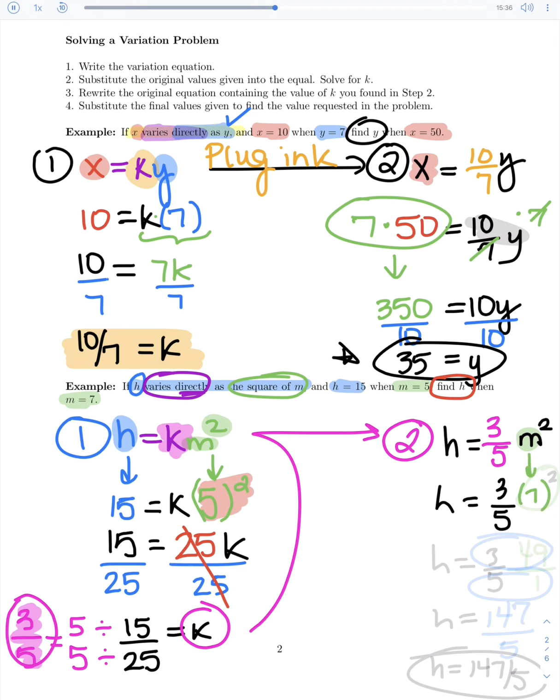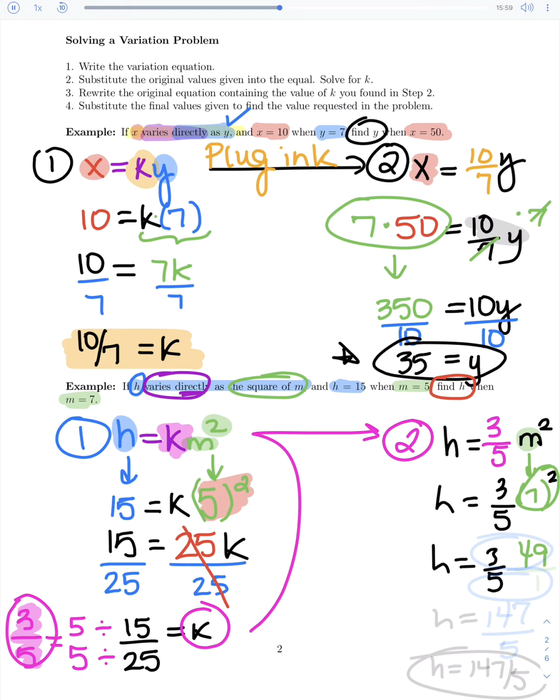Remember, the m is squared, just like before. So we've got h equals 3/5 times 7 squared. Well, 7 squared, we have to do the exponents first, is 49.